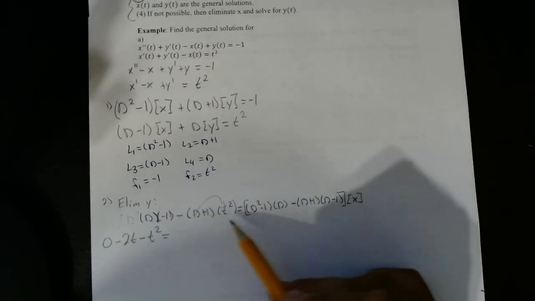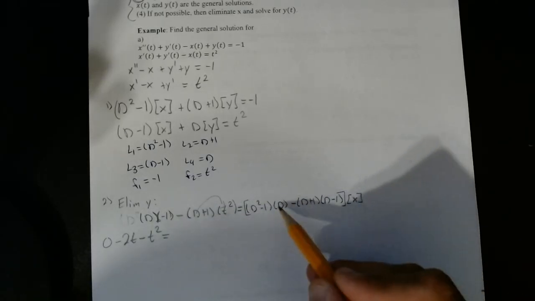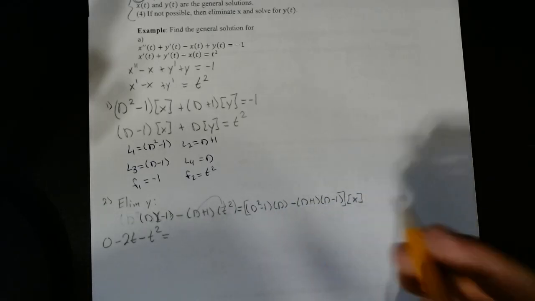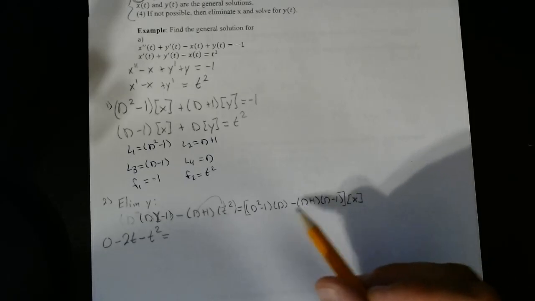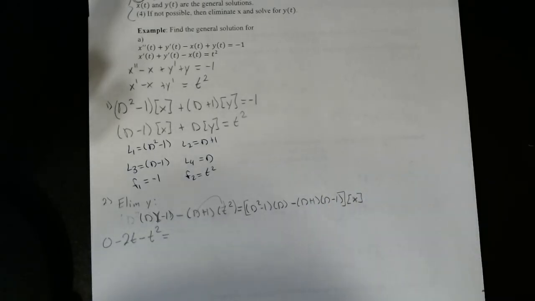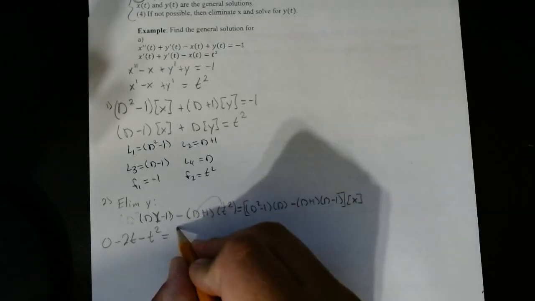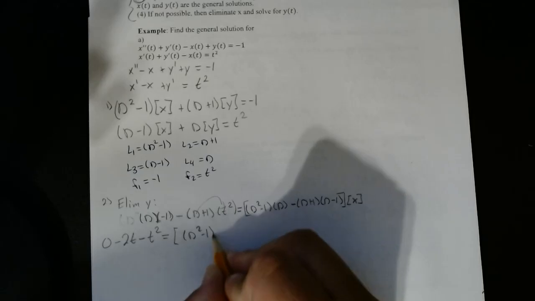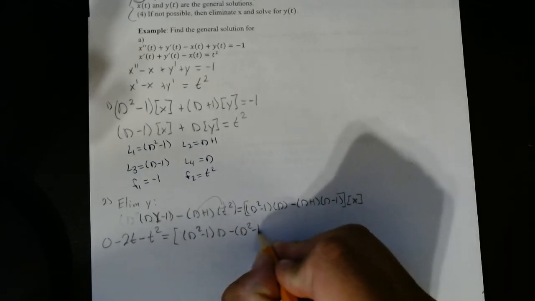Okay. And on the other side, I'm just going to slowly simplify this as much as I can. So this ends up being d to the third power, or I'll just do this process first, and then we'll slowly break that down. Yeah, we could do that first. So this, put that in brackets, this just gives me d squared minus 1.